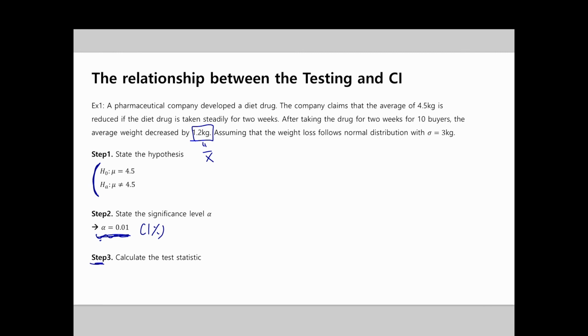In step 3, under H0, the x bar minus 4.5 follows the standard normal distribution.